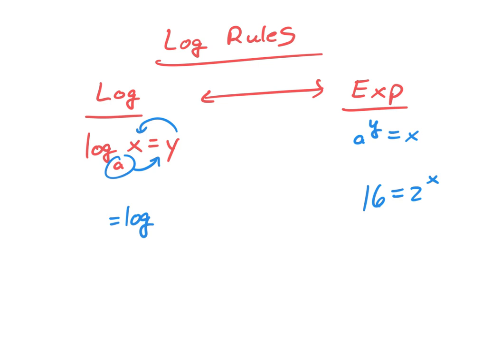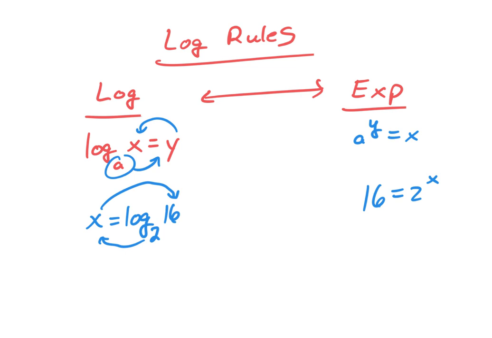Once again, the base of the exponent is also the base of the log. So that's my subscript. My base is going to go down here, base 2. My exponent is going to come over here. And once again, we're doing that circle rule: 2 raised to the x equals 16.